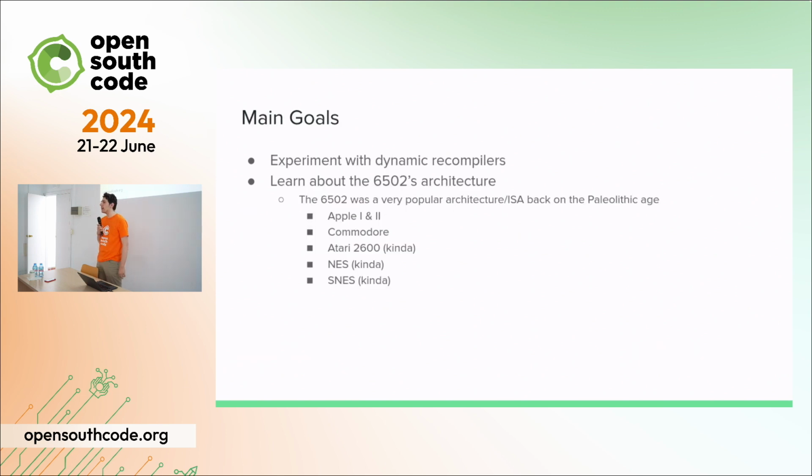Okay, so the main goals of this project were to start learning about how dynamic recompilation works. And for those who don't know, there are basically two ways to emulate a different system.